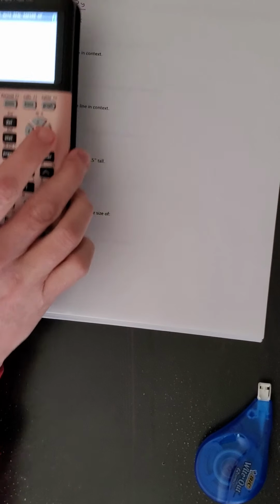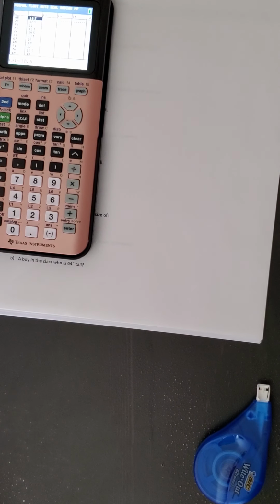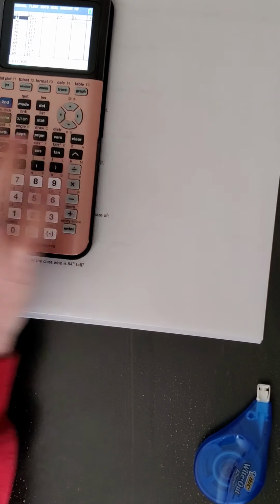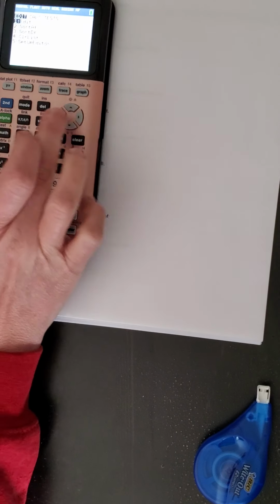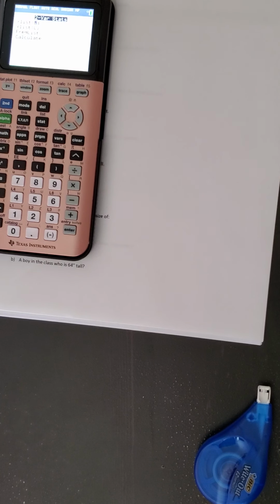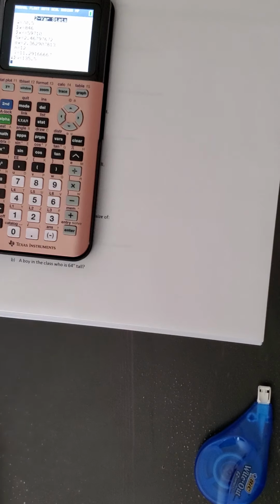If you didn't already put your data in a list, list 1 was my height and list 2 was my shoe size. Now I want to look at S sub Y and S sub X.